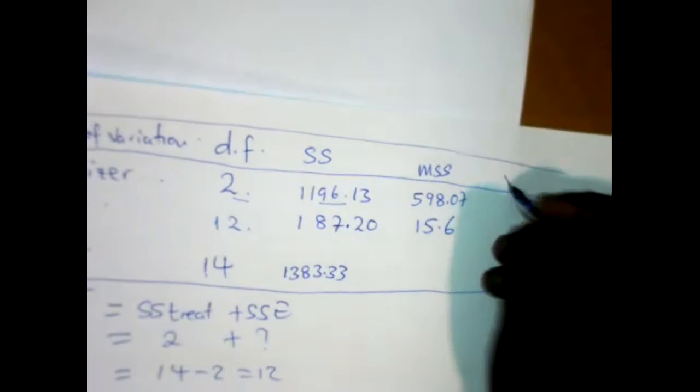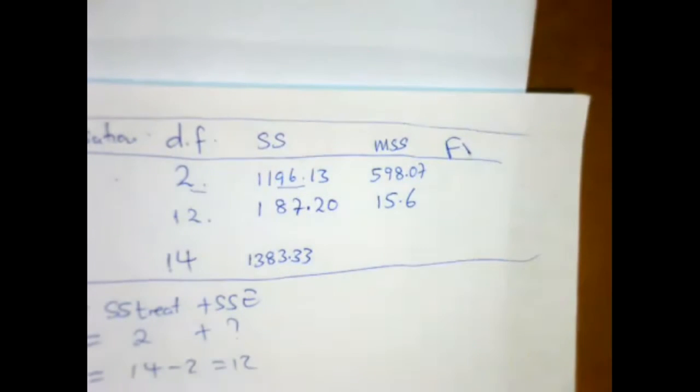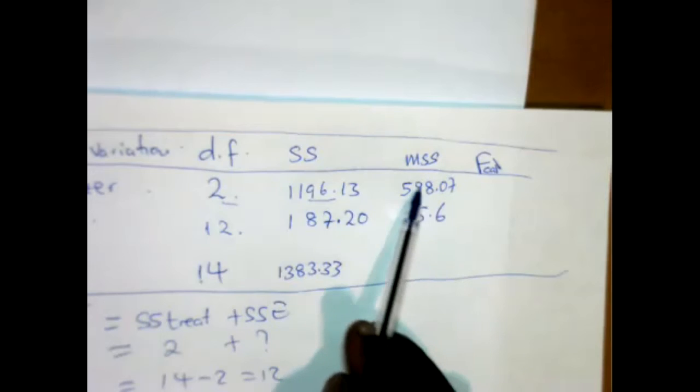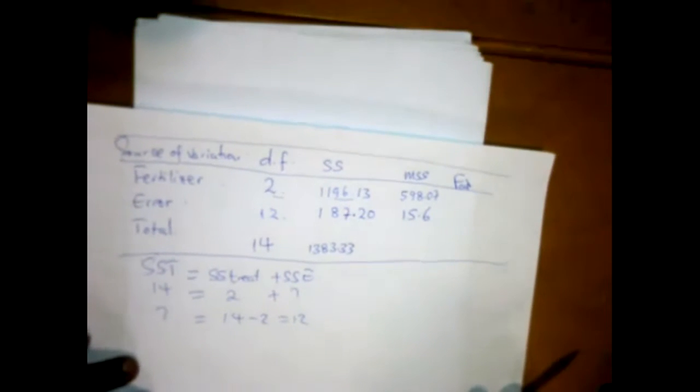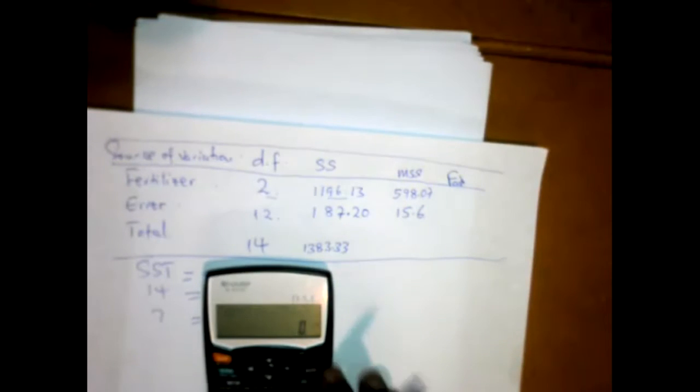So we need to get our F, which is F calculated. We divide the mean sum of squares for fertilizer by that for error. I'm trying to bring the table, okay, now it's visible. So what I'm going to do is divide 598.07 by 15.6, right?